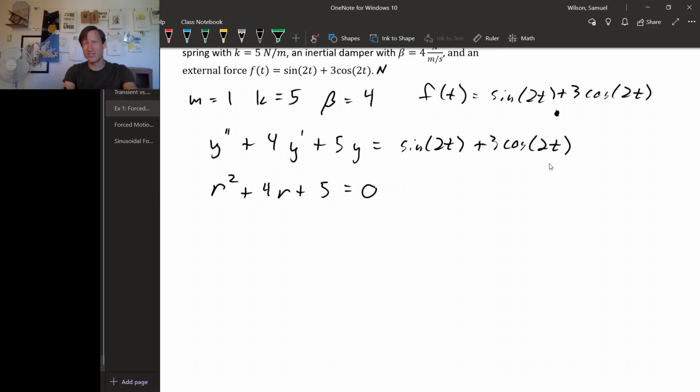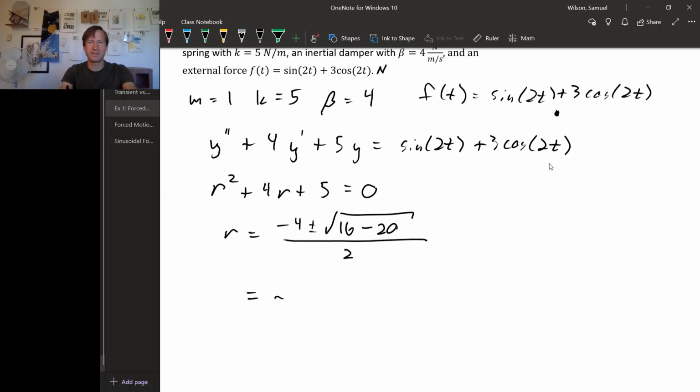It doesn't look like this factors nicely, so we're going to have to use the quadratic formula, or complete the square, I guess. So r is minus 4 plus or minus the square root of 16 minus 4 times 1 times 5 is 20, over 2.